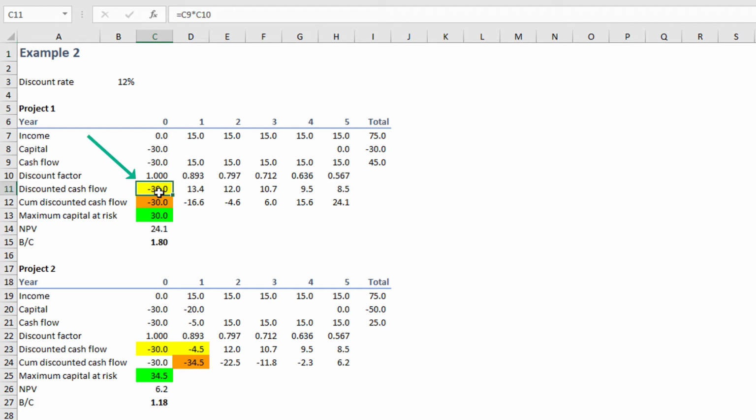Project 1 is straightforward because a negative cash flow only occurs at time 0 in cell C11. Project 2 is more complex because negative cash flows occur at time 0 and in year 1 in cells C23 and D23.